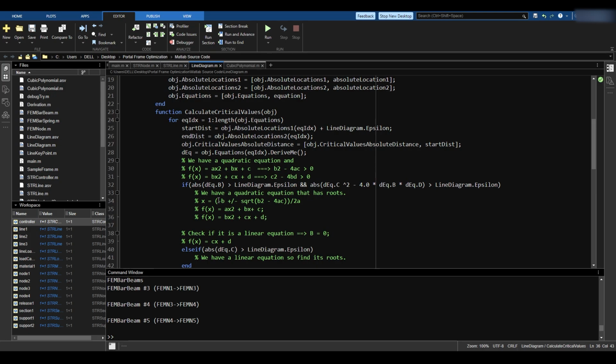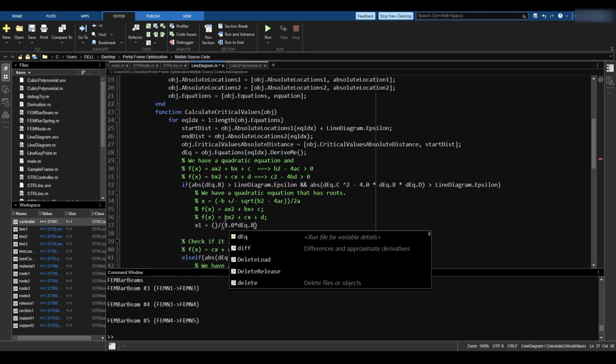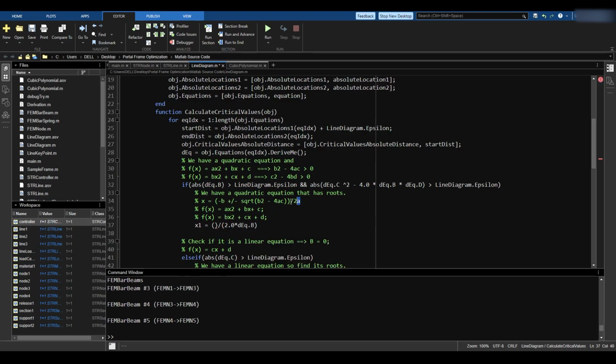So now we need to flip this in our mind, meaning that x1 in this case equals negative, I need a bracket here, divided by something. Now here I will divide by 2a, which is in our equation 2b, by the way. So here divided by 2 multiplied by derivative equation dot b. So we finished this part at least. Now we come here.